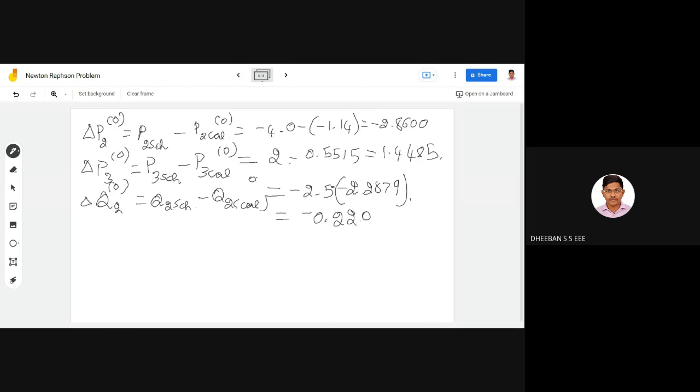And after this we have to get with respect to the equation. So the equation is this equation. We have to solve the following equation.